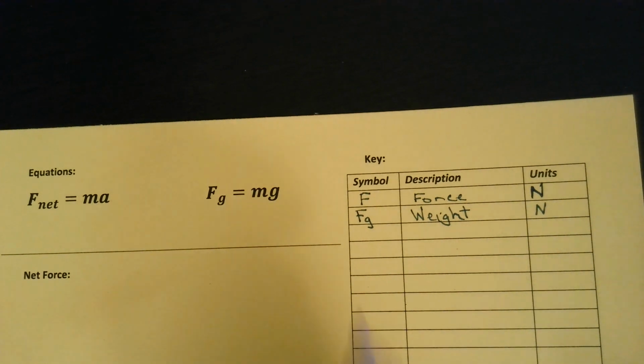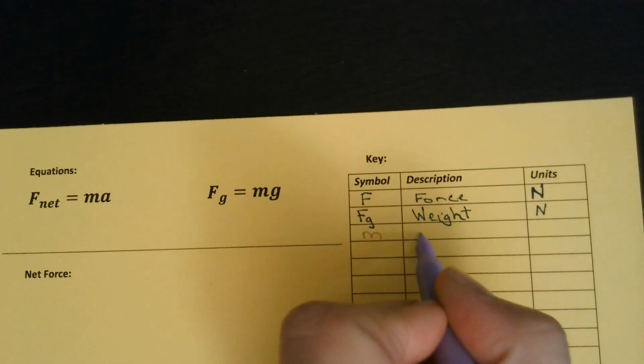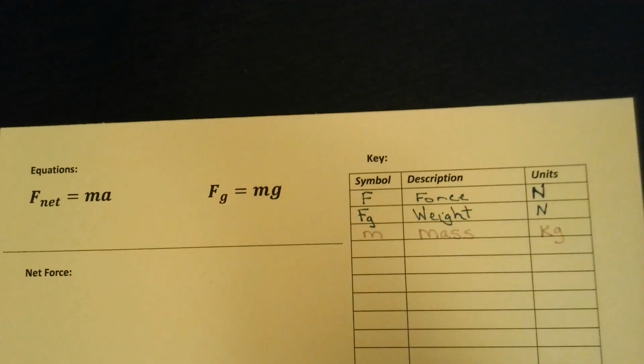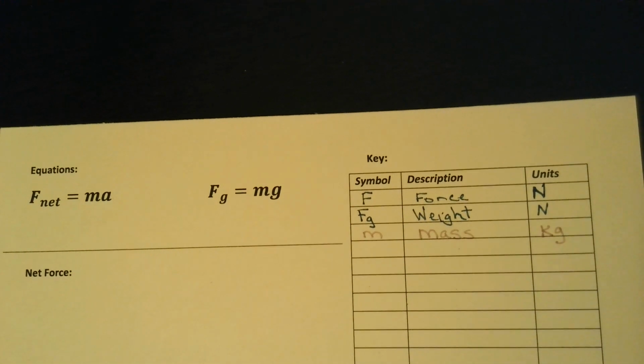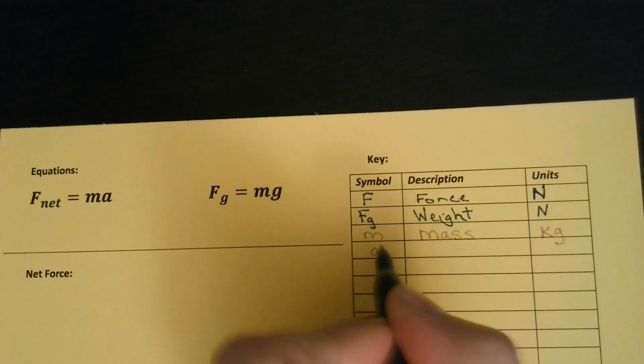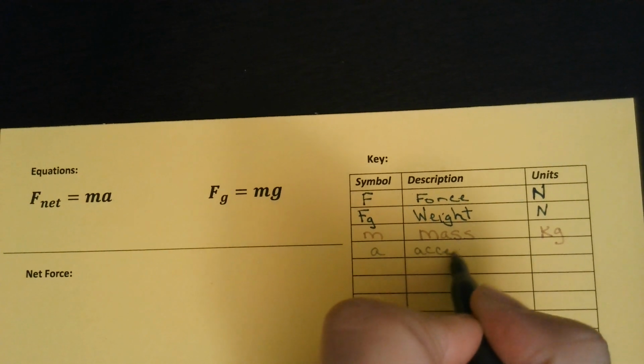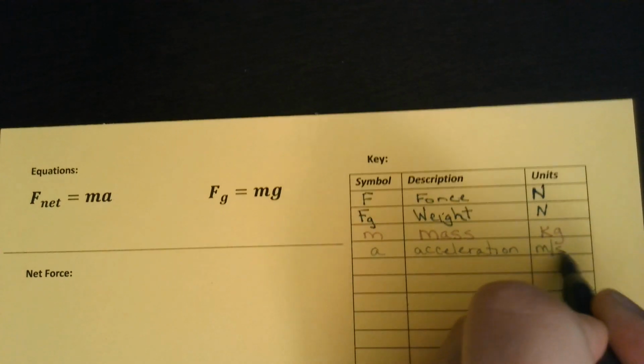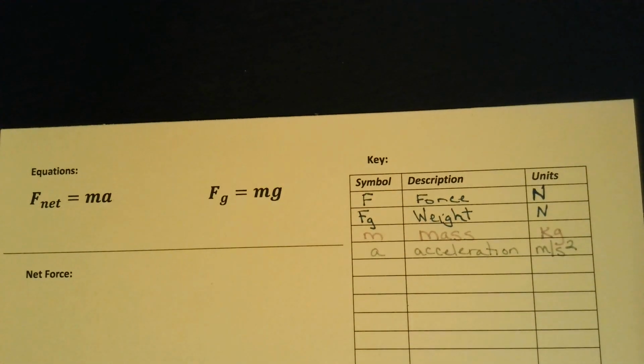M is mass. That's not going to change for this. And that is in kilograms. A is for acceleration. And that's in meters per second squared.